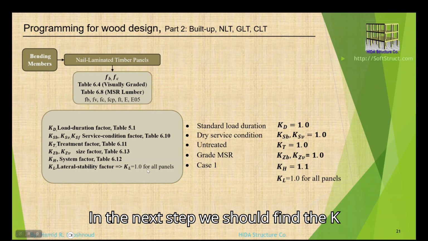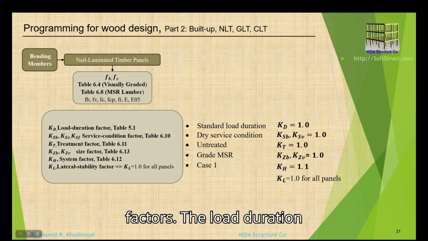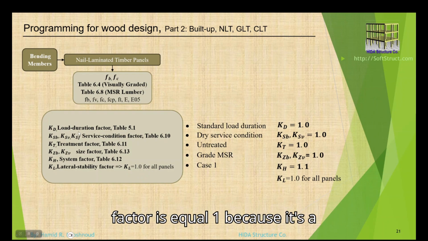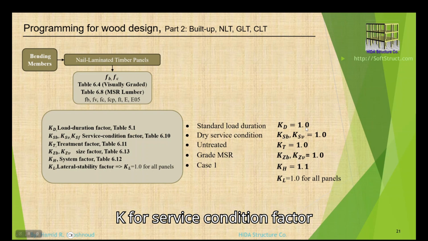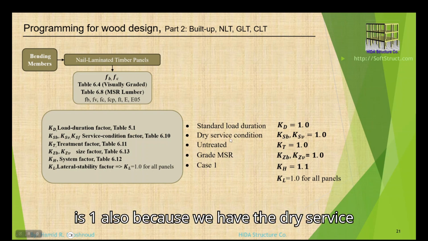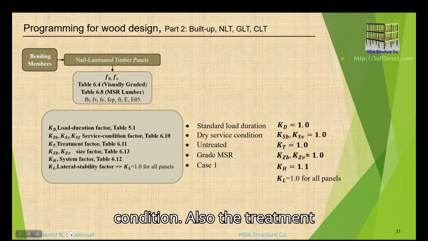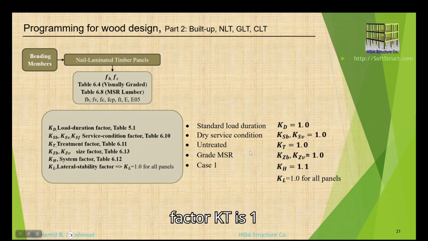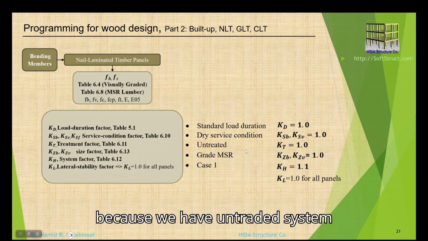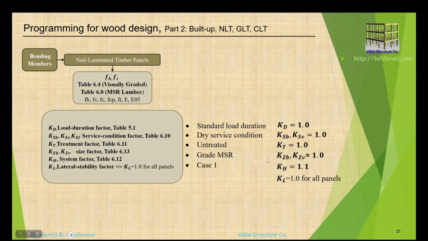In the next step, we should find the K factors. The load duration factor KD is equal to 1 because it's a standard load duration. The service condition factor KS is 1 also because we have the dry service condition. Also, the treatment factor KT is 1 because we have untreated system.